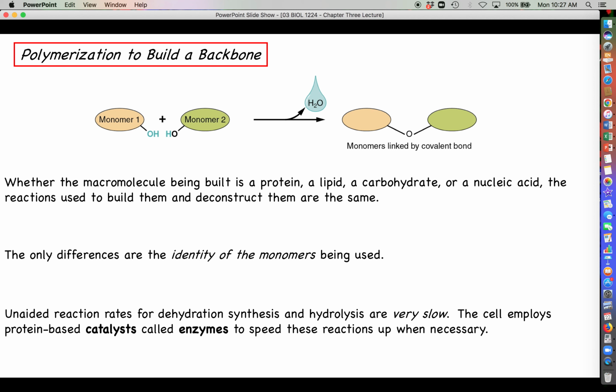These are very, very, very slow chemical reactions if you're not giving them some help. So what we'll see later on is that the cell has these catalysts. A catalyst is a substance that speeds up a chemical reaction. The cell has protein-based catalysts called enzymes that are specifically there to speed these reactions up when necessary.